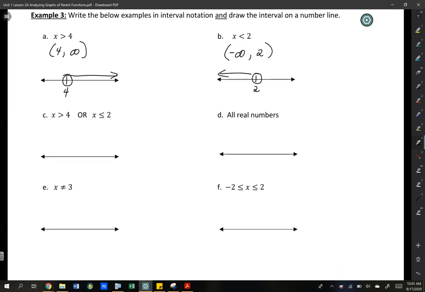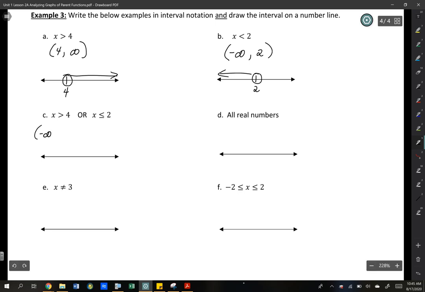Letter C, x is greater than 4, or x is less than or equal to 2. Let's start on the left side, because we say x is less than or equal to 2.